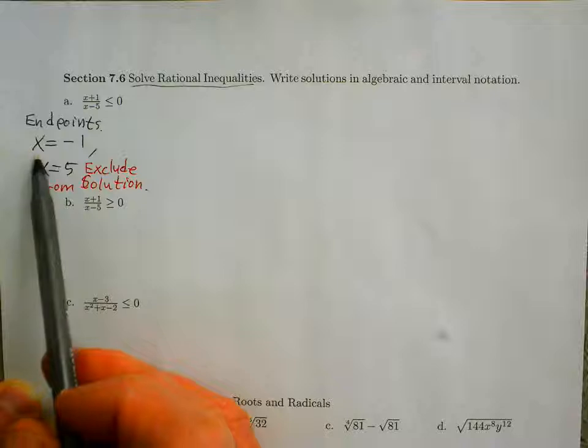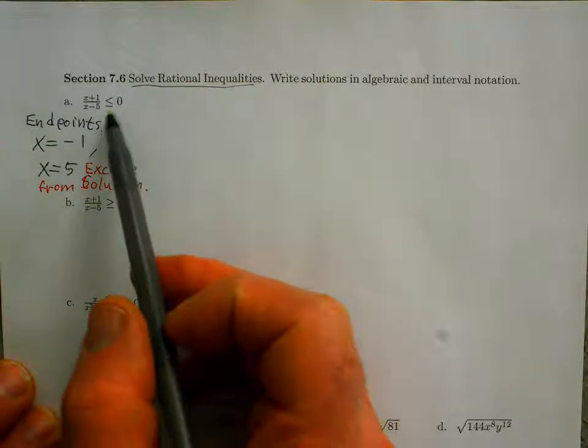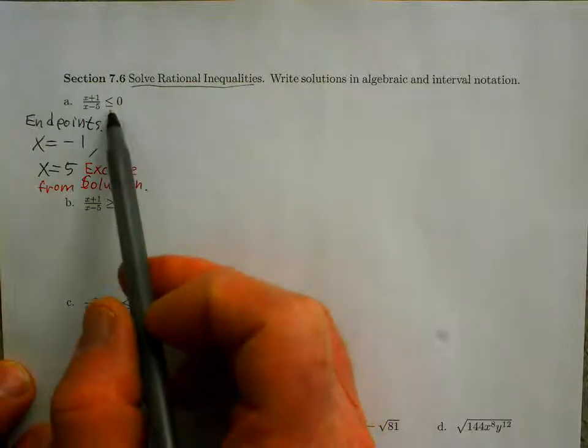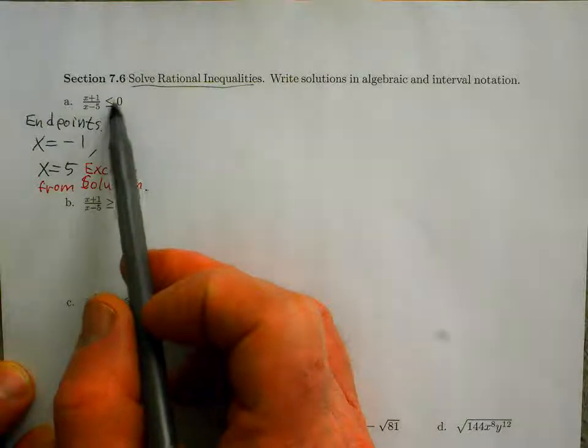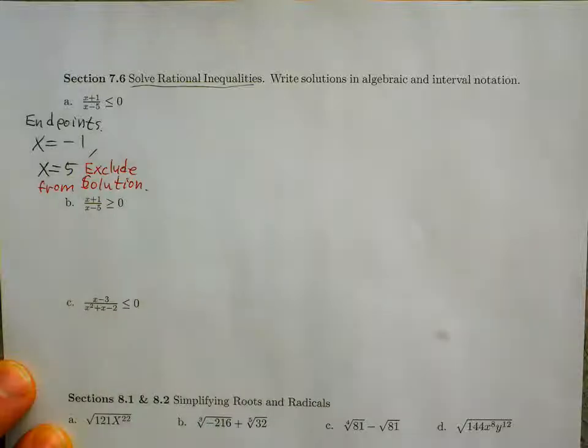The x value that makes the numerator 0 may or may not be included. It depends on the inequality. Since this inequality is less than or equal to 0, we're going to include -1.